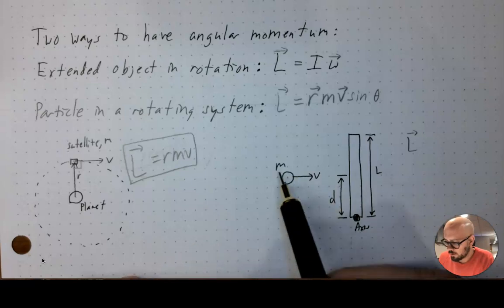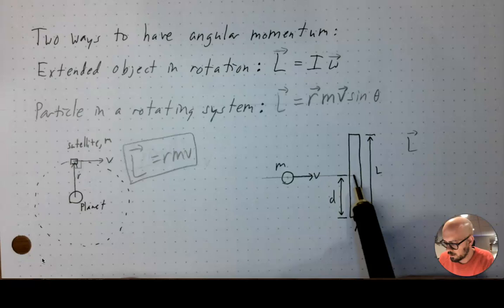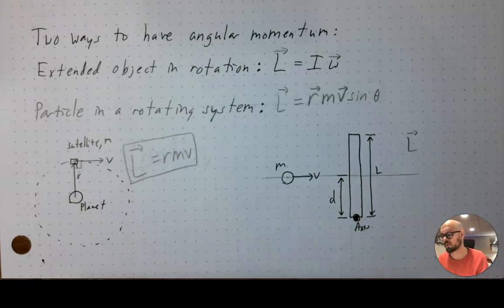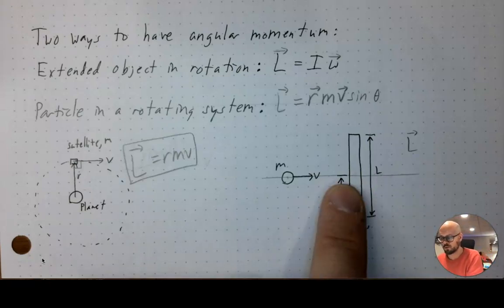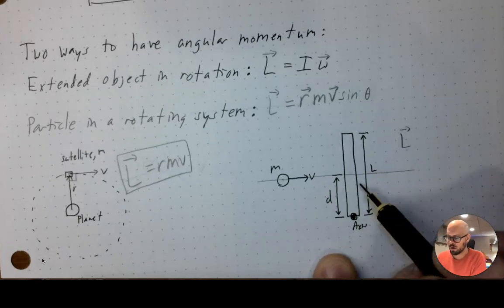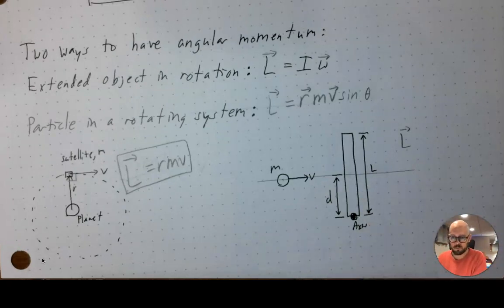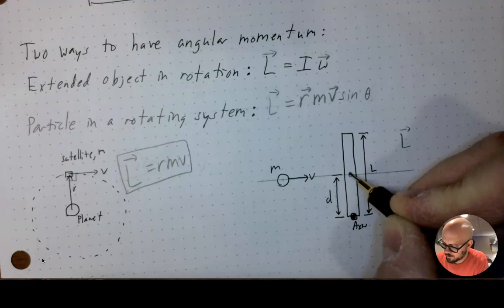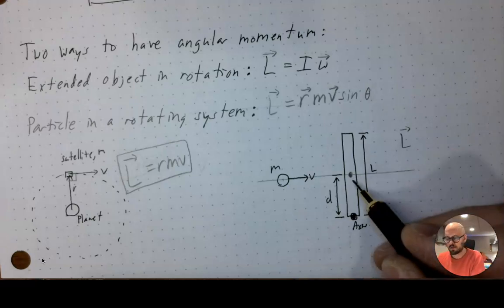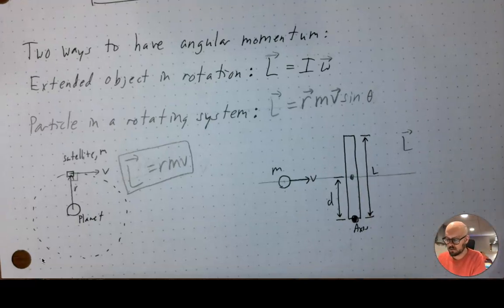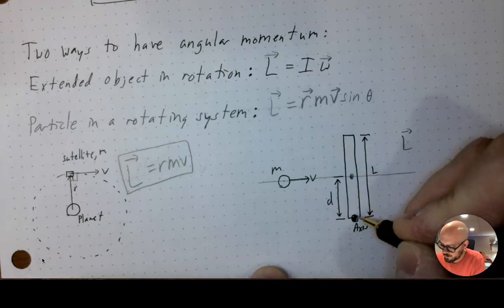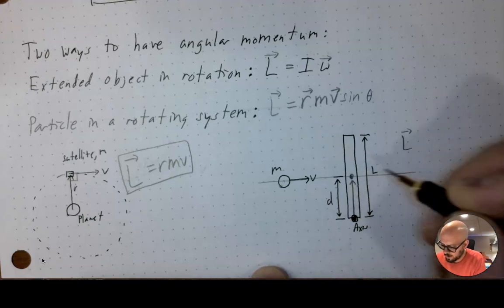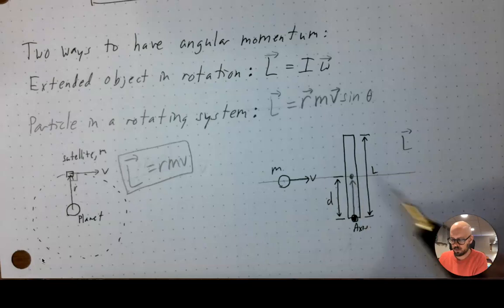The way that I want you to calculate the angular momentum of a particle is to draw a line that extends the velocity vector until it gets to a point where r and v would be perpendicular. And so we're going to consider that this mass exists right here inside this bar. That's going to create a value of r that goes straight through the middle of the bar.